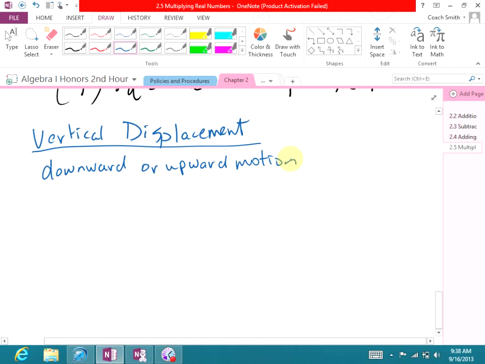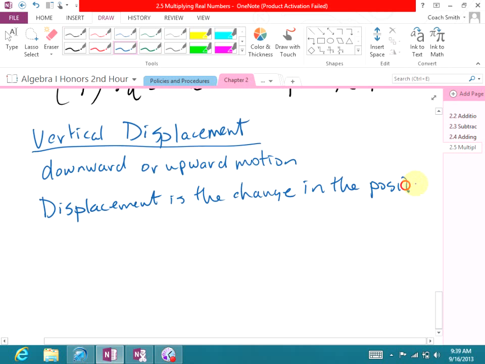It's talking about falling or jumping, you could say. But basically, displacement is the change in the position of an object.